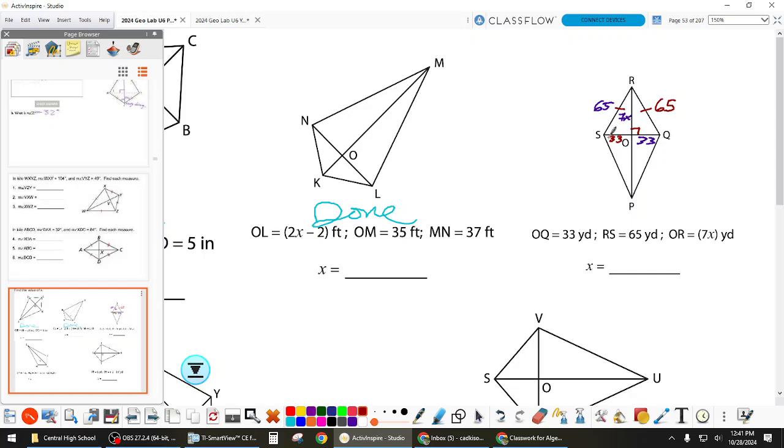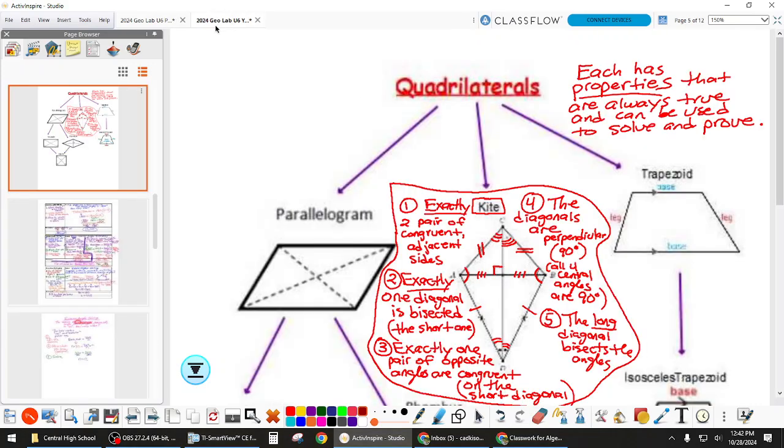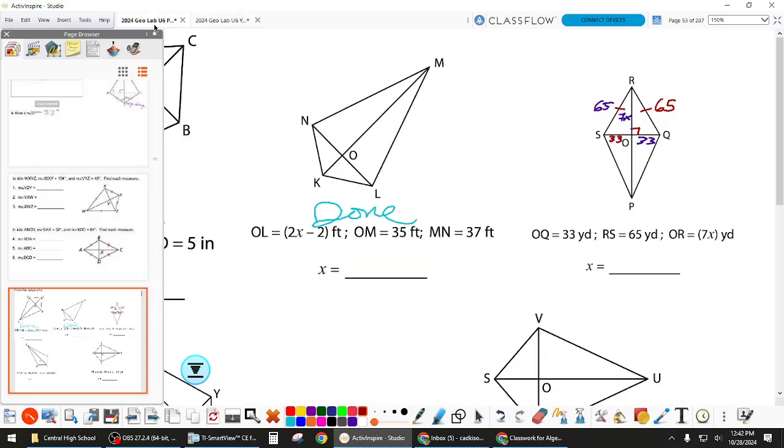I only need to mark one of them. And finally, the long diagonal bisects the angles. That doesn't matter in this one because this is a side length problem, not an angles problem. Okay, I want to demonstrate that over and over again. Find the kite properties, apply the ones you need.